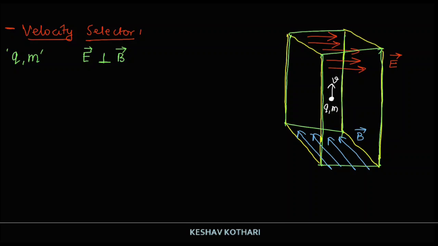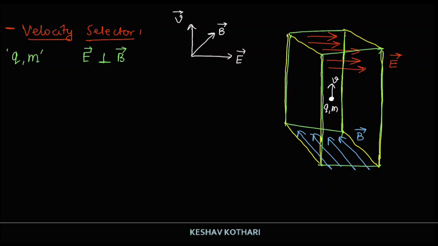If I assign the direction to the electric and the magnetic field along with the velocity, we can say that they are somewhat like this. The electric field is directed along the x-axis, the velocity vector is along the y-axis, and the magnetic field is in the negative z-axis direction.